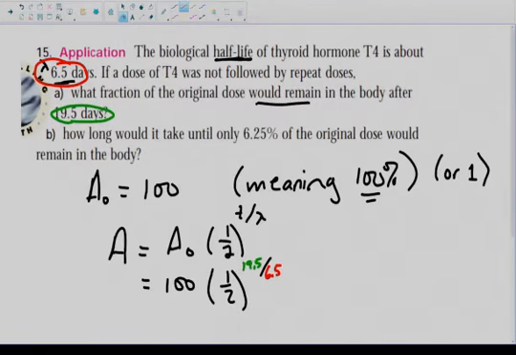Again, just to belabor this point, if you need a deeper understanding of how this works, 19.5 days divided by 6.5 tells us how many 6.5-day periods there are in 19.5 days, because that's what we're interested in. In other words, how many half-lives have occurred in 19.5 days. So this division tells you that.